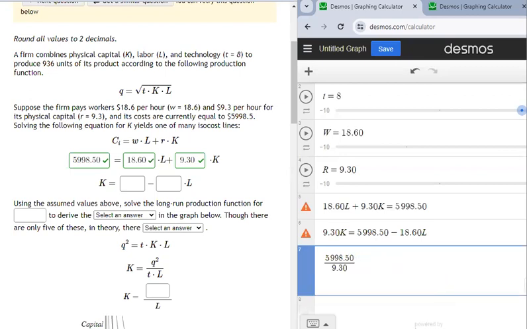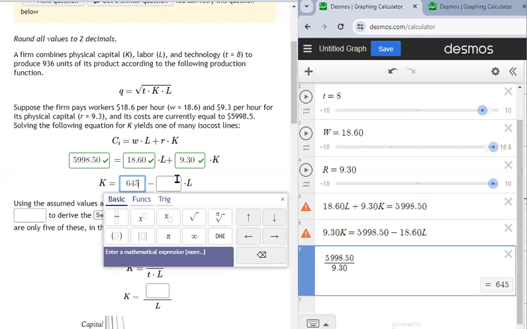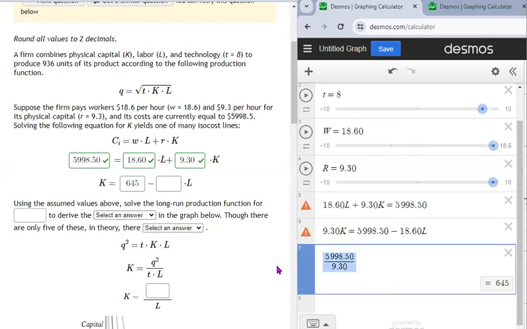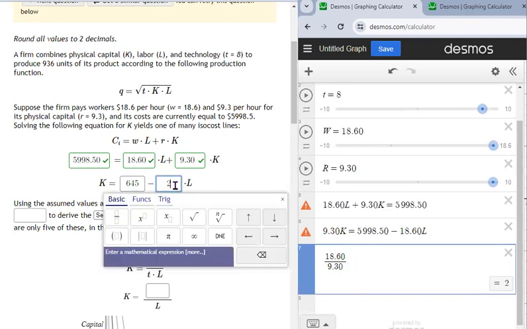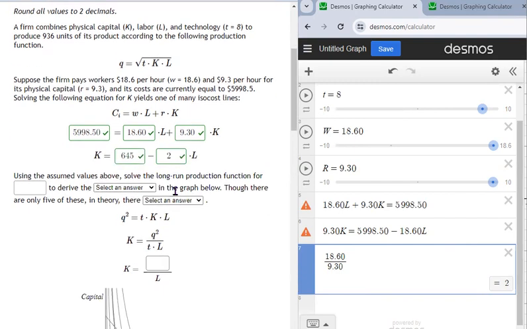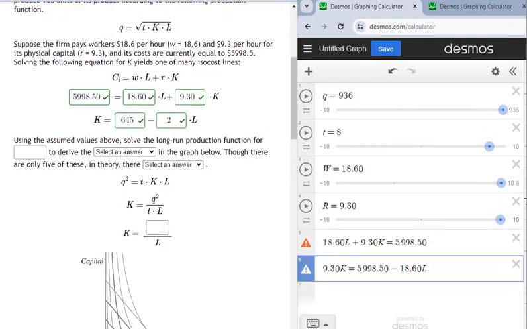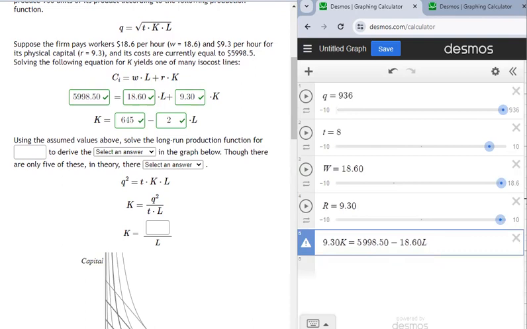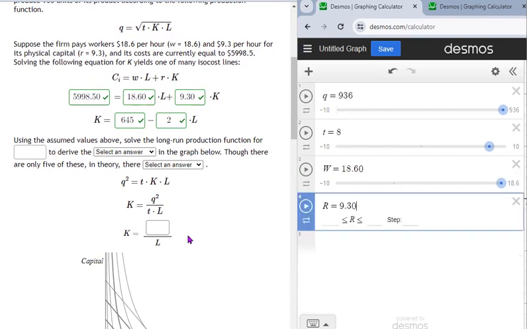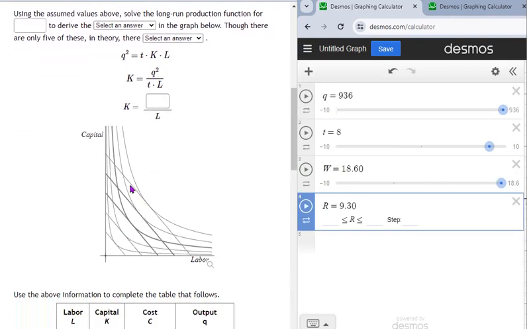So the first ratio is 645. And the second ratio, the ratio of the prices per hour, is 2. Okay. Then I'll clear this out. All right. And that's a graph of one of these lines, right?